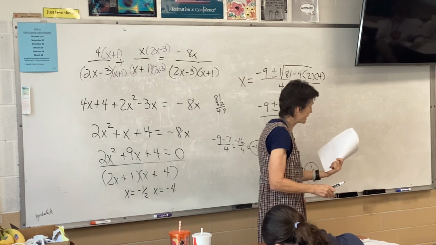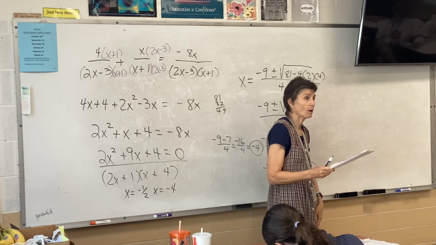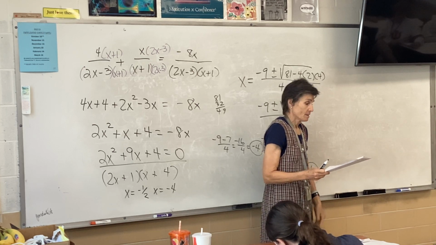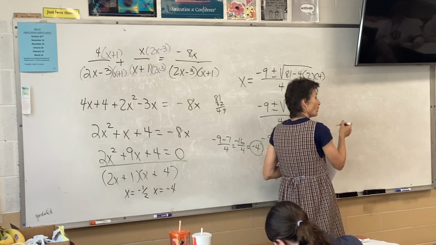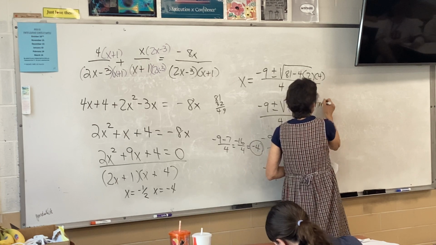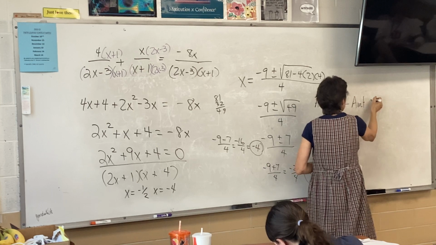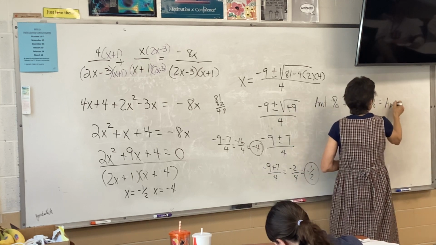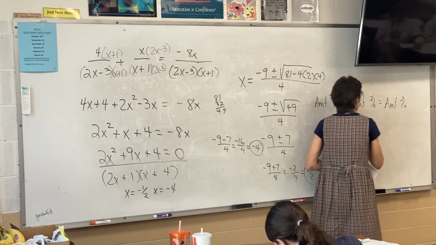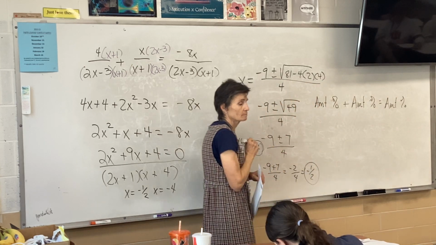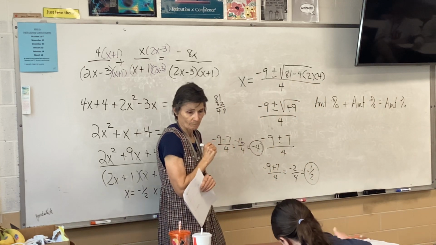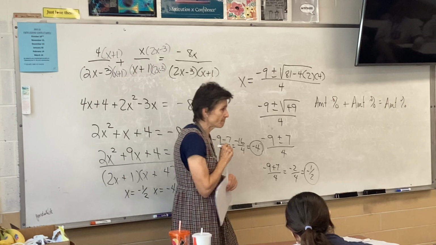All right, and then the last page of the test is our 2 word problems. So the first one is our mixture problem. So amount times percent plus amount times percent equals amount times percent. Right?